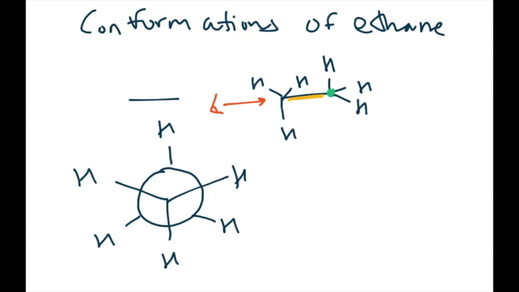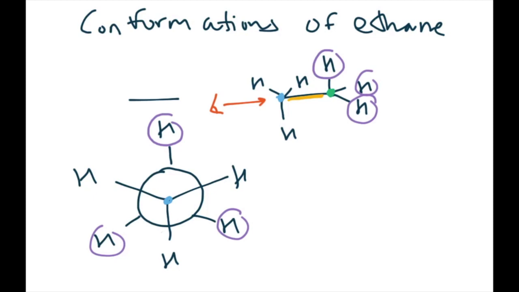So you notice when I draw these, the groups that are coming off the front carbon, we'll make it blue, this blue carbon here, they go all the way to the center of that front circle, so they clearly look like they're bonded together. The groups that are at the back, that are on the green carbon, pick another color here, purple, these hydrogens here, you see their bond goes to the edge of this circle and stops, right?